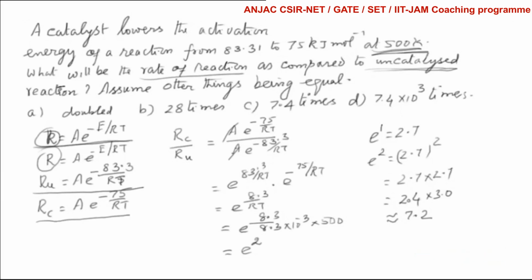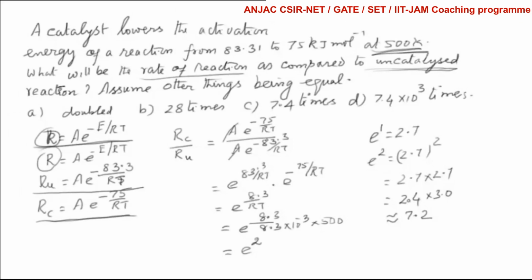Then I have substituted the data for the catalyzed reaction, for which I have changed the rate as RC, that is equal to A e^(-75/RT). Why have I put A the same here and here? Because we assume all other things being equal.